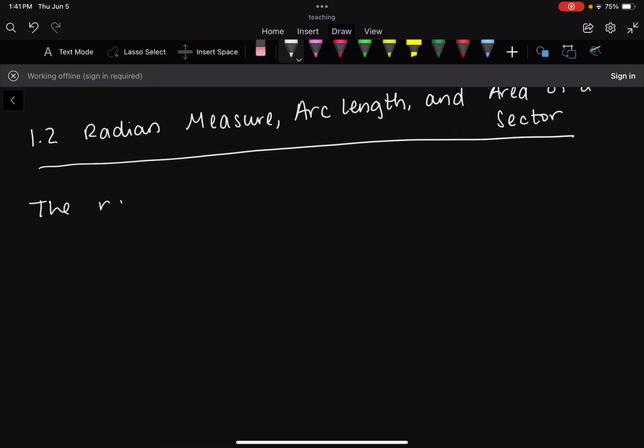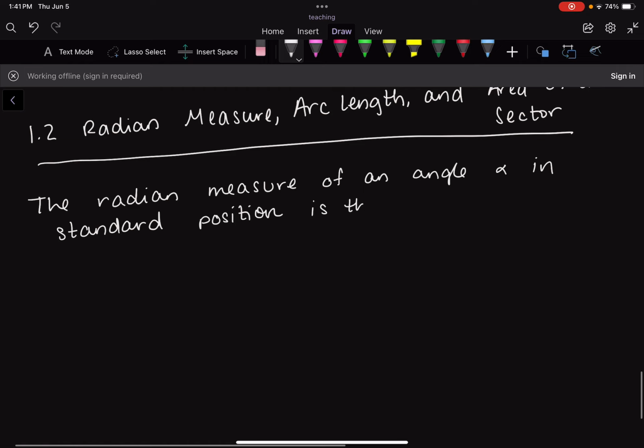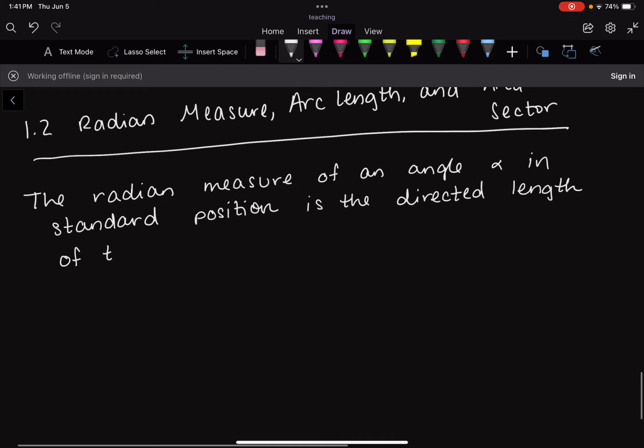So the radian measure of an angle alpha in standard position is the directed length of the intercepted arc on the unit circle.